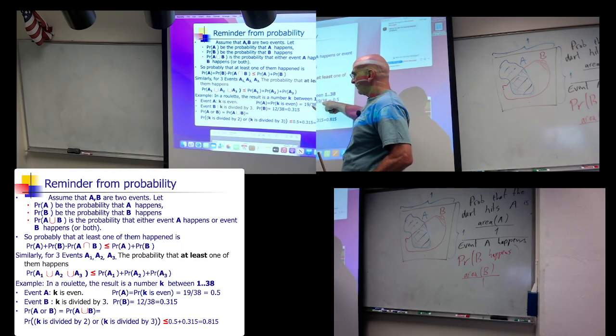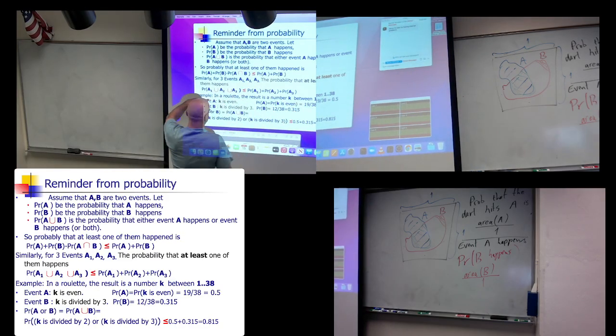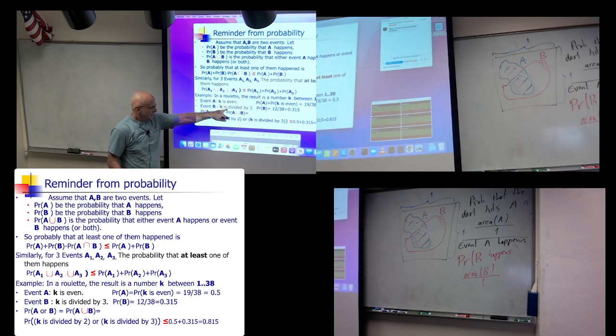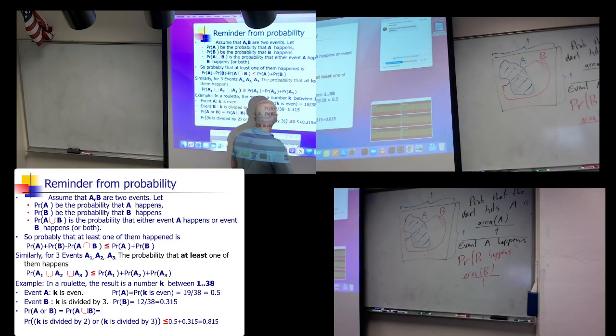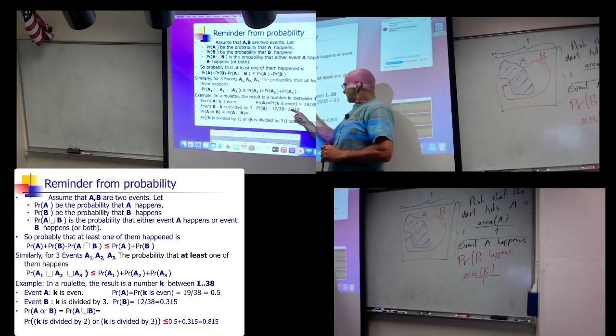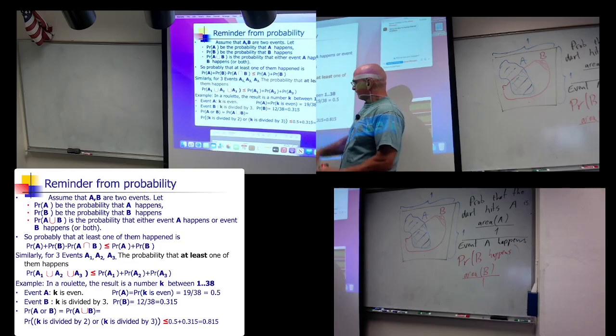So 19 over 38 gives you a probability of 50% that your event A happens, namely you hit an even number. Let's define as event B that the number that you got is divisible by 3: 3, 6, 9, 12, etc. There are 12 such numbers between 1 and 38. So that's the probability: 12 over 38, about 0.3.